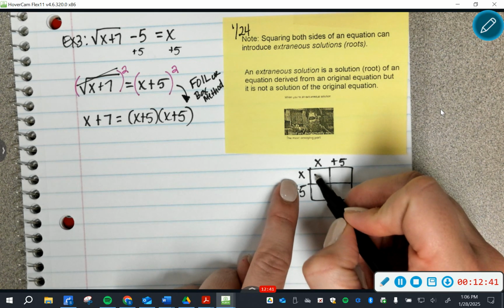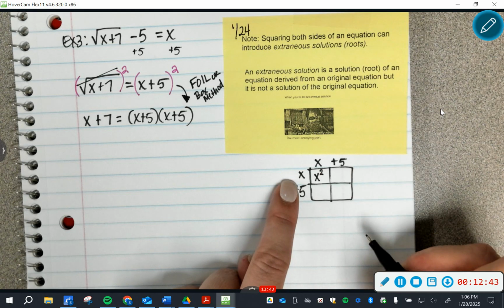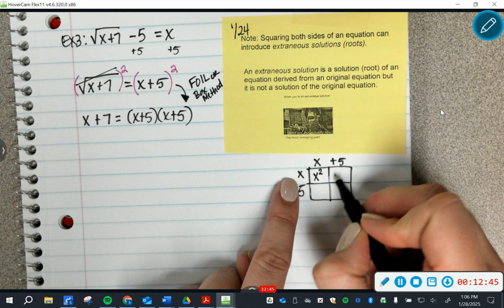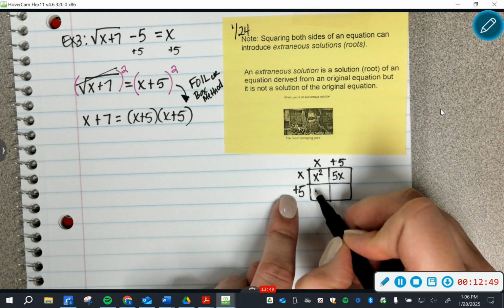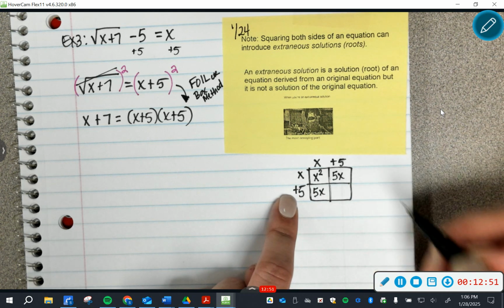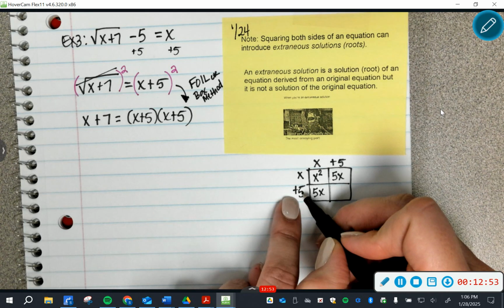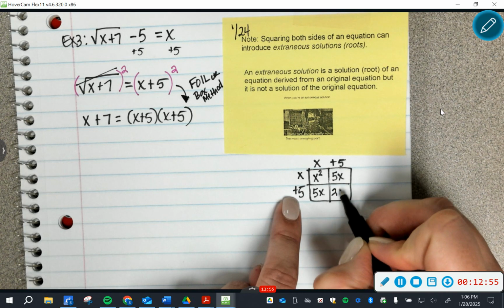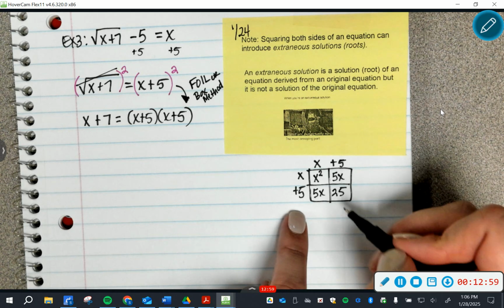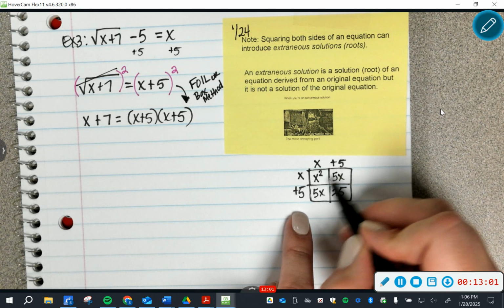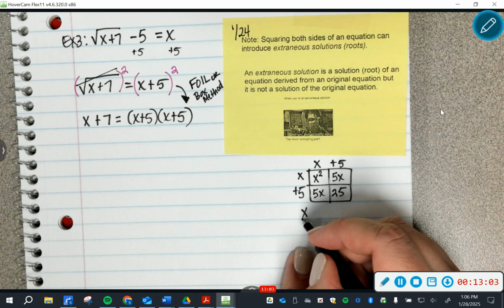So x times x is x squared. X times 5 is 5x. 5 times x, 5x, and 5 times 5, 25. Then, to get the answer to this, you add up everything in the box.